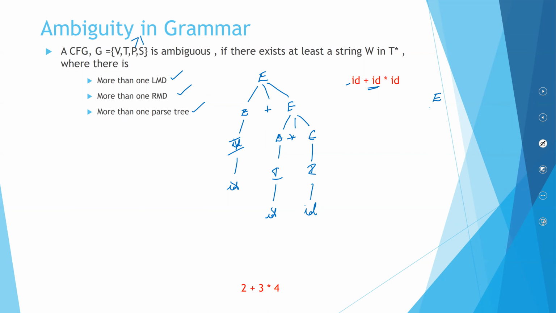You can even draw it like this: E is equal to E into E, and then E is I, ID, and E plus E, I, ID, I, ID.